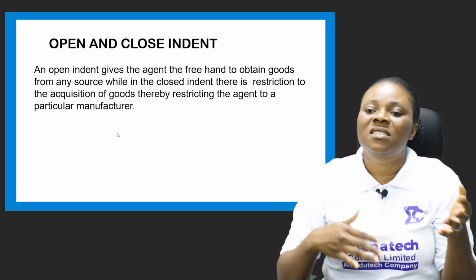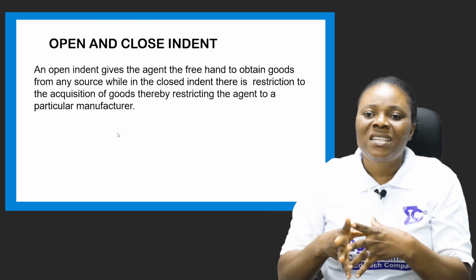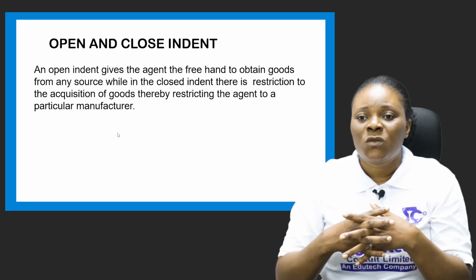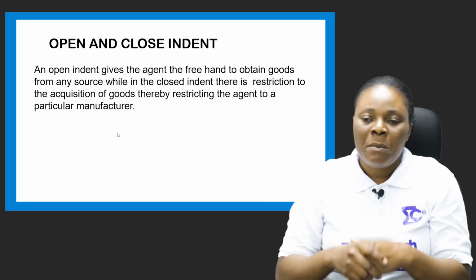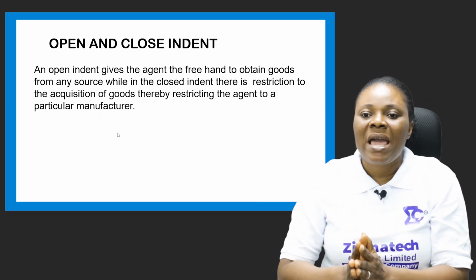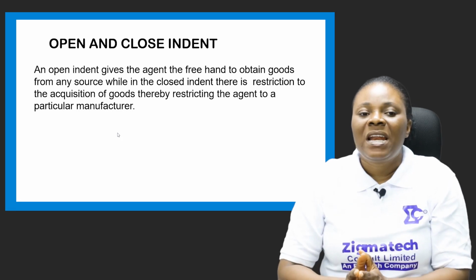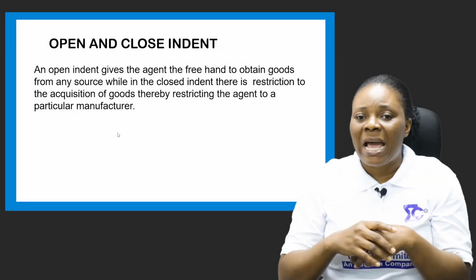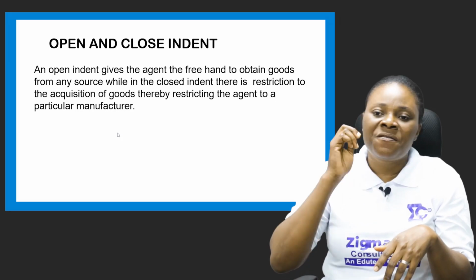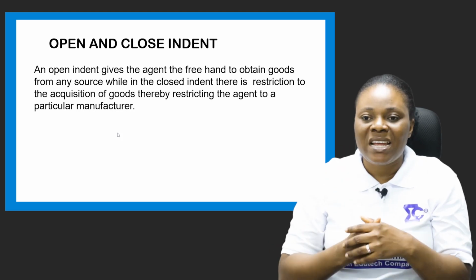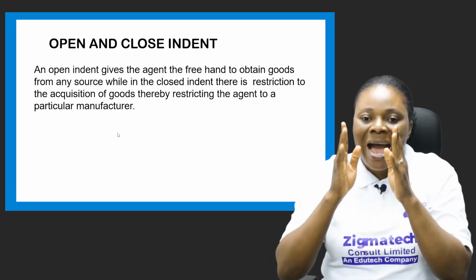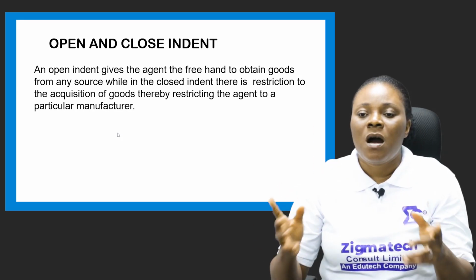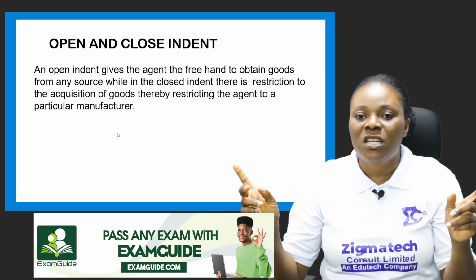But the closed indent is the opposite. The closed indent is used to restrict the agent to a particular manufacturer. Maybe, for example, you want to buy a particular product, let's say a refrigerator. There's a particular brand of refrigerator you like. So if you decide to give your agent a closed indent, you are telling the agent that aside from this particular brand of refrigerator, I don't want any other one.